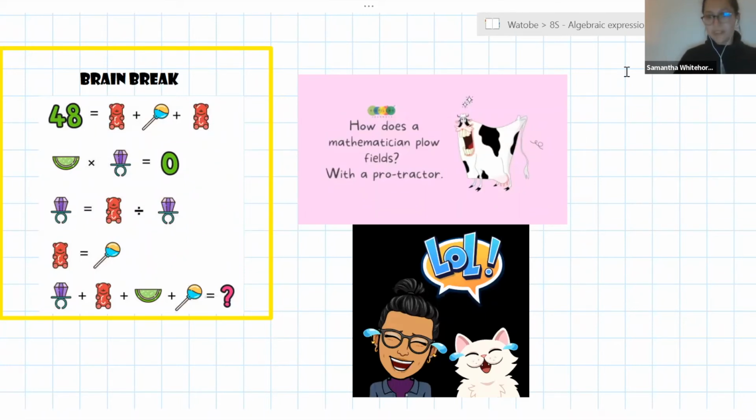We're not just wasting time. If you are stuck, I'll give you a clue: look at this step over here. It's saying that the bear is equal to the lollipop. Which will help you in the first step.